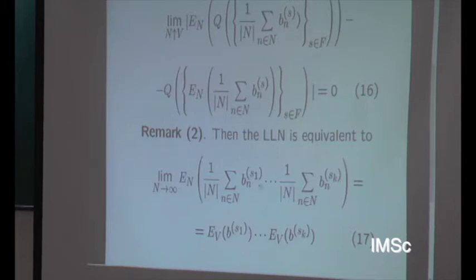And since we are assuming that for k equal 1, there is convergence, this will be the correct formulation for monomial.